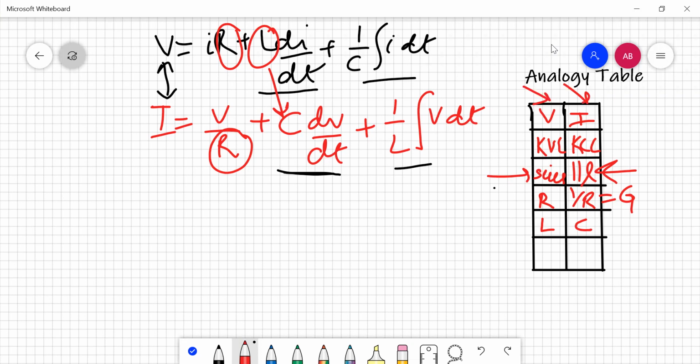It will be more clear when we do the numerical. So let's start with a small numerical.